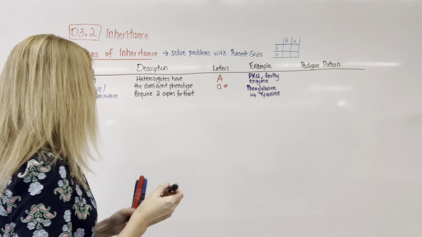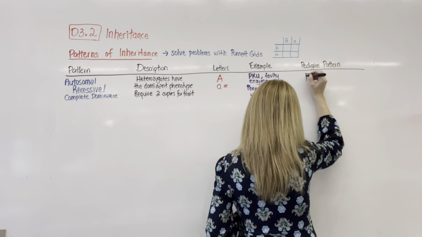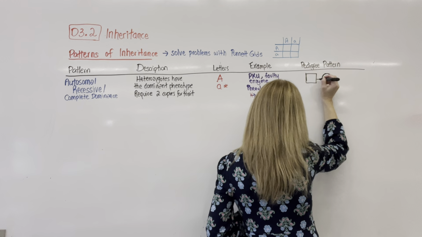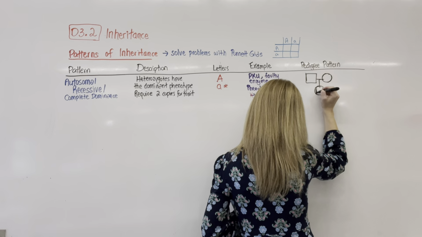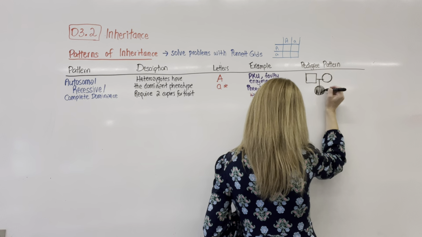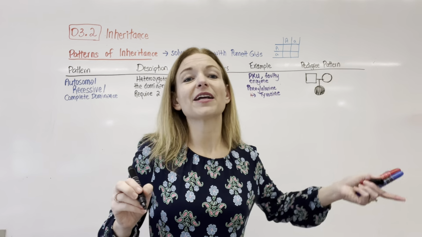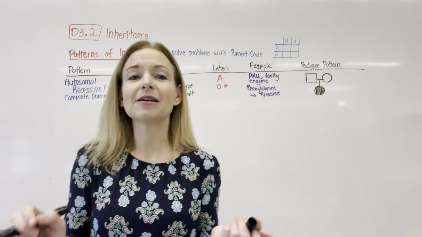Okay, what are we looking at on a pedigree? So on a pedigree, we are looking at the pattern whereby we see carrier parents go on to have a child that has the condition. So we're seeing unaffected parents have an affected child. If that affected child is a daughter, we can confirm it's autosomal recessive.